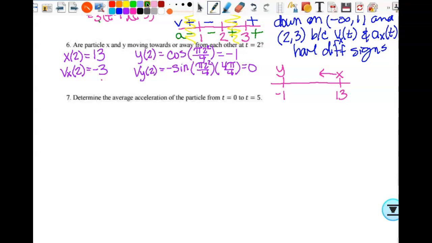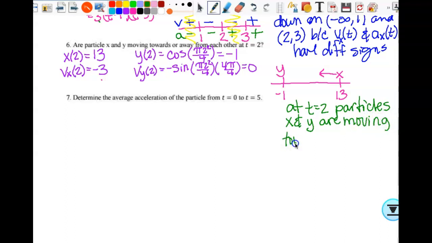All right, so then we can say at t equals 2, particles x and y are moving toward each other. And then we're just going to state what we had there.